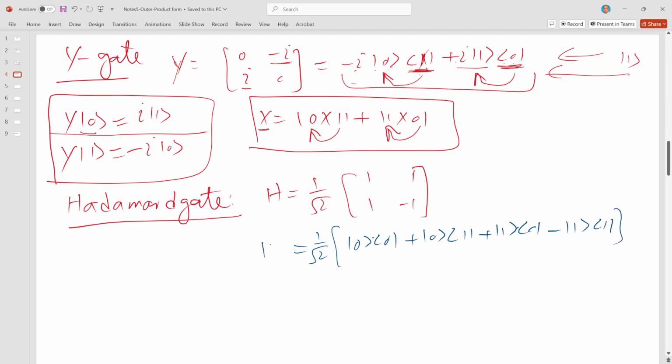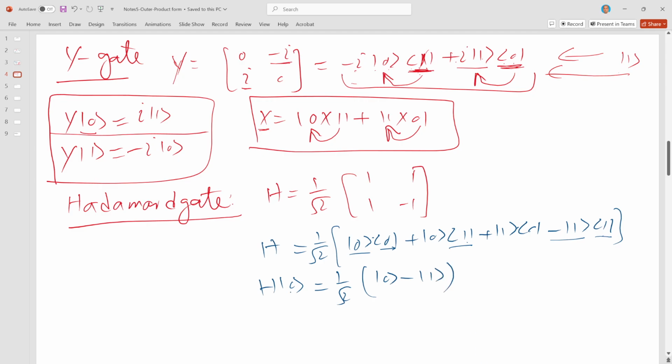So this is the form of the Hadamard gate, and we can see what it does when it gets applied to |0>. So when it is applied to |0>, so this goes away, because <1|0> is 0, <1|0> is 0. And this <0|0> is 1, so I'm left with this |0>, and I'm left with this |1>.